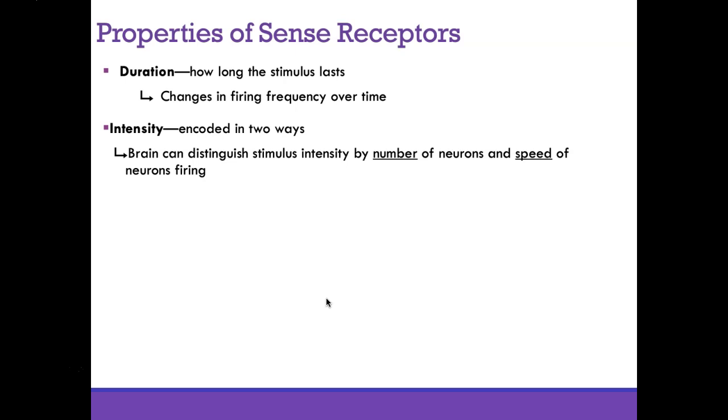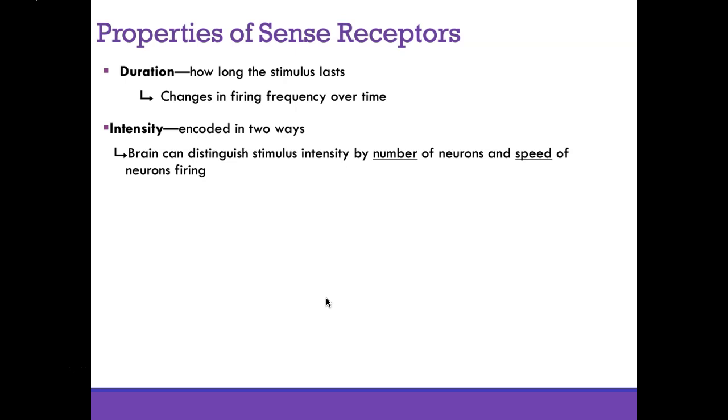Let me give you an example. The amount of time we hear a certain sound is encoded by the frequency through which certain neurons in our ear fire. If they stop firing, then we will stop receiving that perception of sound.